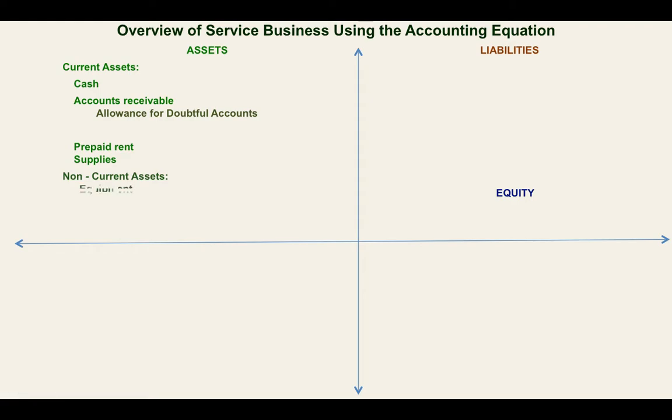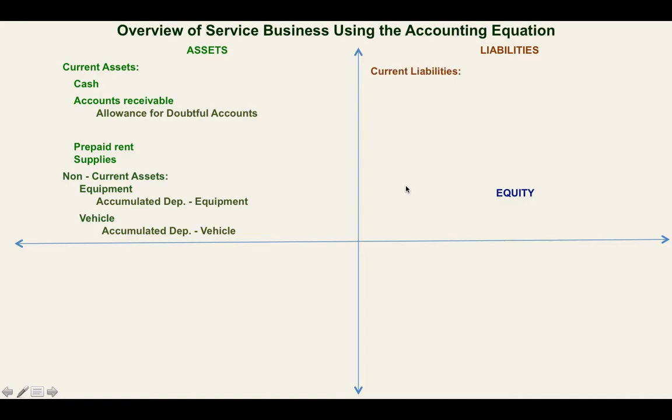And for non-current assets, we can have equipment and the contra account of the equipment for the depreciation, and then vehicle. These are only some of the non-current assets. We have learned that we have several non-current assets, which are building, furniture and fixtures, computer, and so on and so on. Okay. For illustration purposes, we will be using these assets.